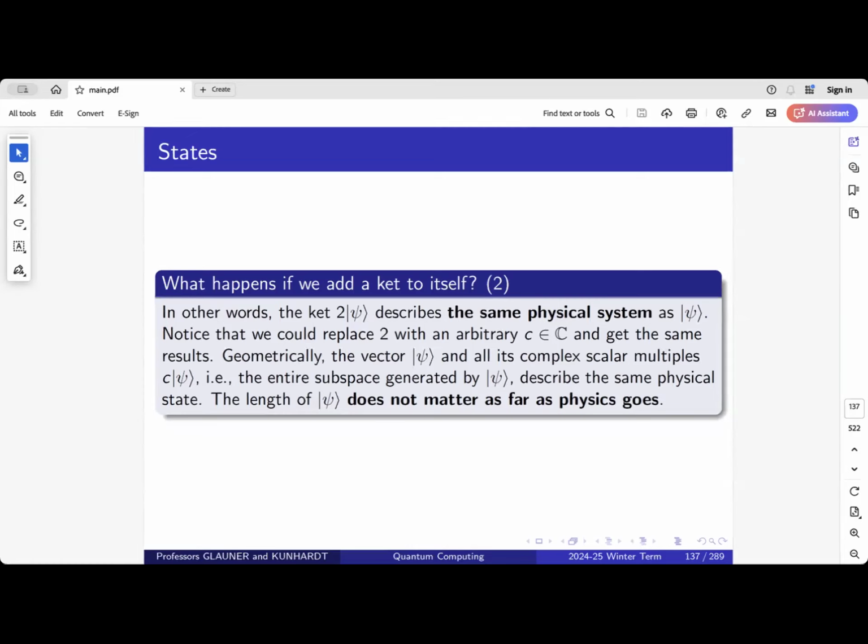And if you remember from before, when we worked with our systems and we multiplied, say, a state with the corresponding matrix, we always wanted that our states are normalized.